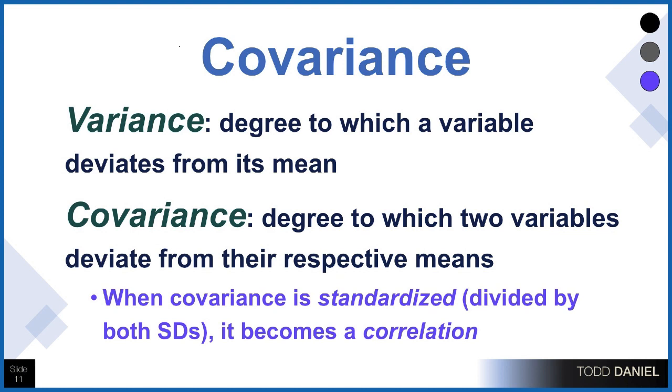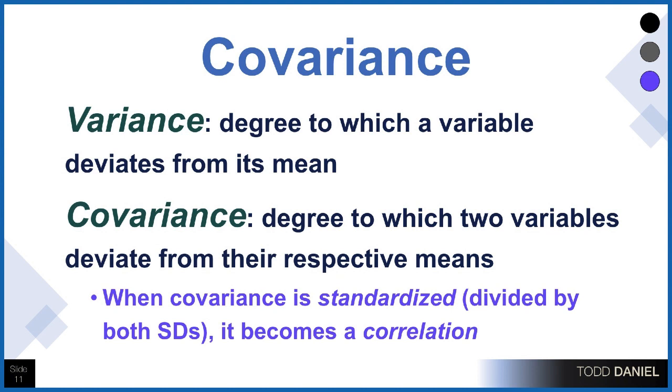So I mentioned that it's the covariance of x and y divided by the variance of x and y separately. Remember variance and standard deviation, variability: that has to do with the degree to which a variable deviates from its mean. What is the spread around the mean for this particular variable?